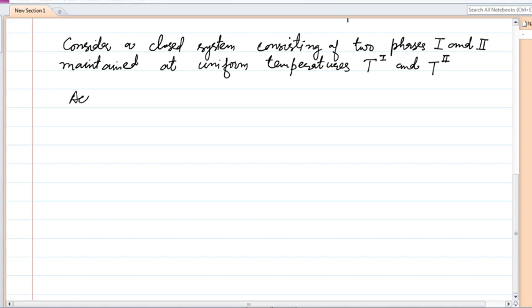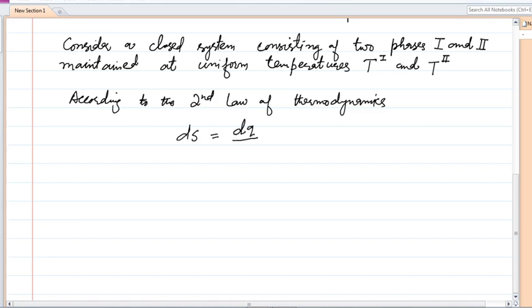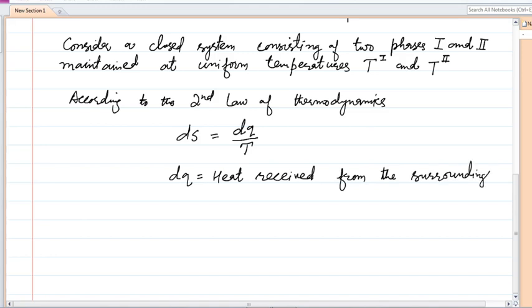Now we know from the second law of thermodynamics that this change in entropy is equal to dq upon T. Here dq is simply the heat received from the surroundings, and T is simply the temperature in Kelvins.